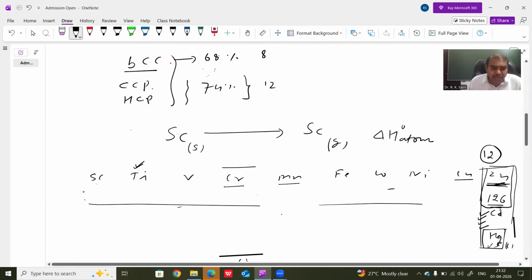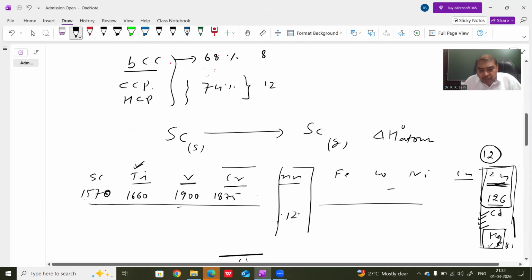The melting point of scandium is nearly 1500 degrees centigrade. Titanium is also greater, nearly 1600 degrees centigrade. The melting point of vanadium is 1900 degrees centigrade, and chromium is nearly equal, 1875 degrees centigrade. And then the melting point of manganese suddenly drops, only 1240 degrees centigrade.